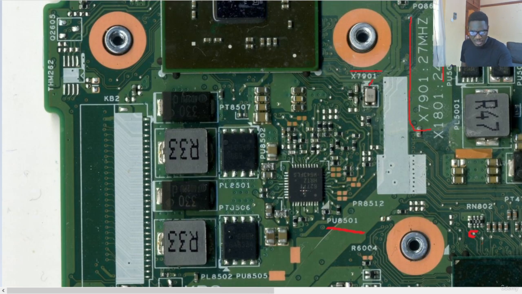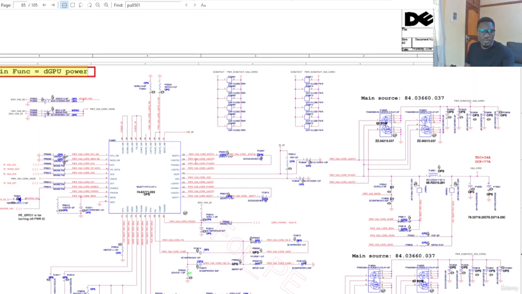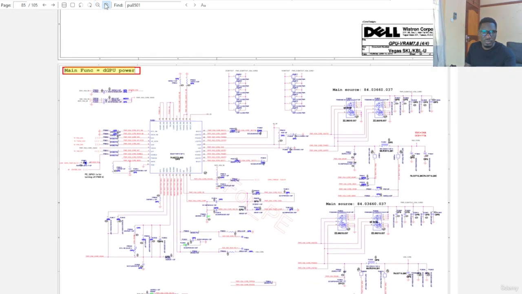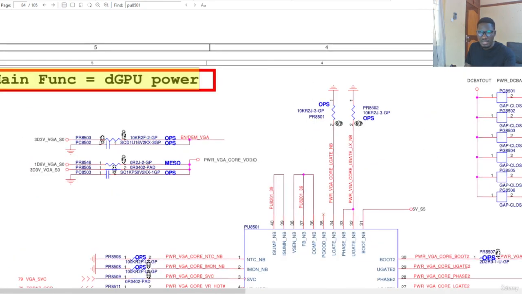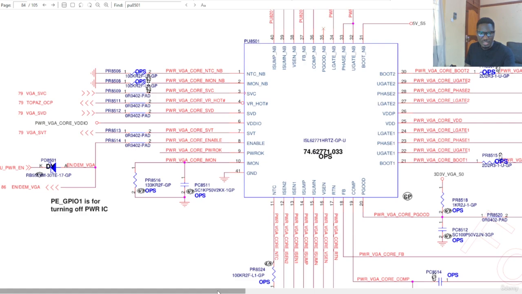So this is a graphics card power chip. If you look at the chip inside the schematics, you'd see that all the information as it is presented on the motherboard is the same way it is represented here.